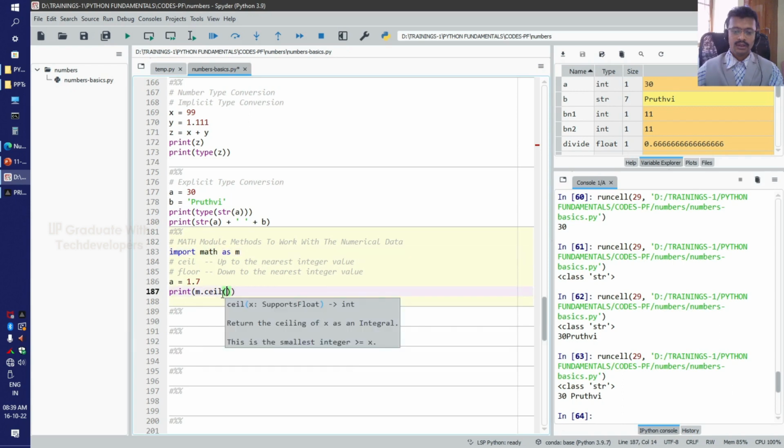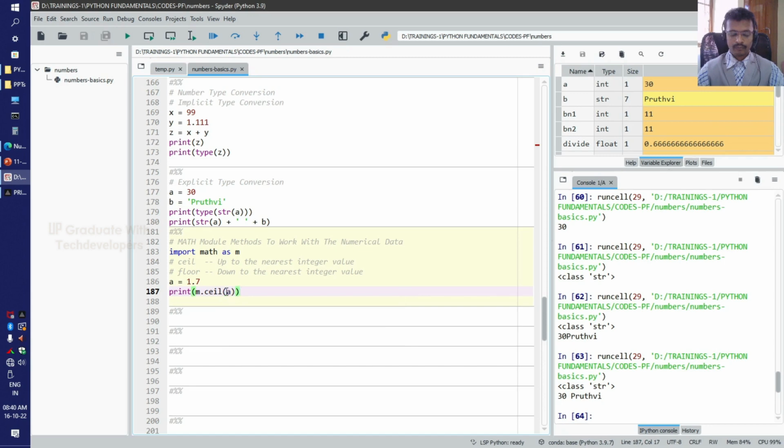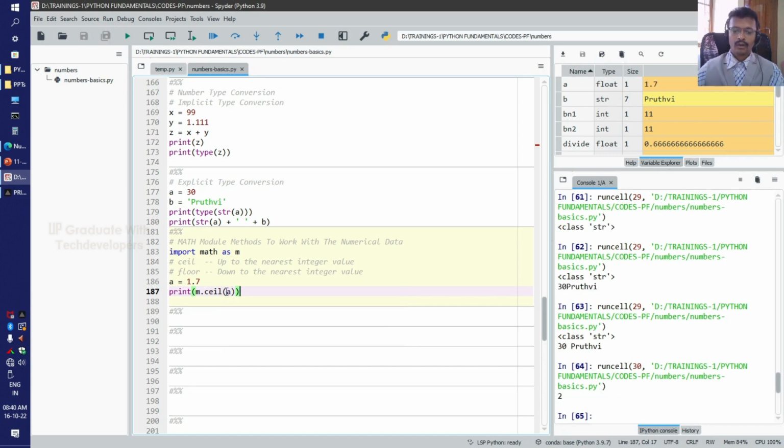Inside the parenthesis it takes the argument x, and it supports float, and then it will convert to an integer value up to the nearest integer value. Let us see how it works. So look here, the nearest value for 1.7 is 2, not 1, right? Yes, this is up to the nearest integer value.